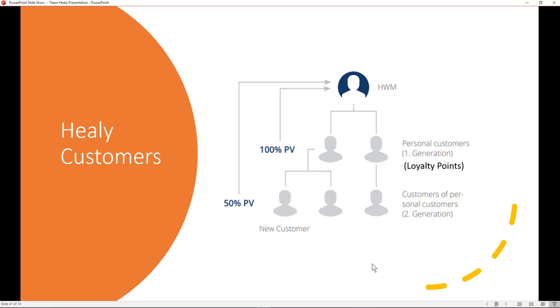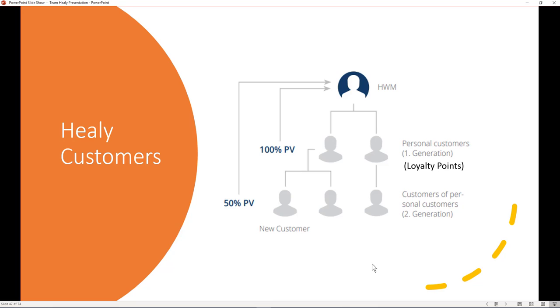What's really interesting, though, is when those customers that you've signed up sign up customers themselves. Two things happen then. One is that they earn loyalty points that are based on the PV, and they can spend those loyalty points on Healy products and services. Now, we're not going to go into the details there.